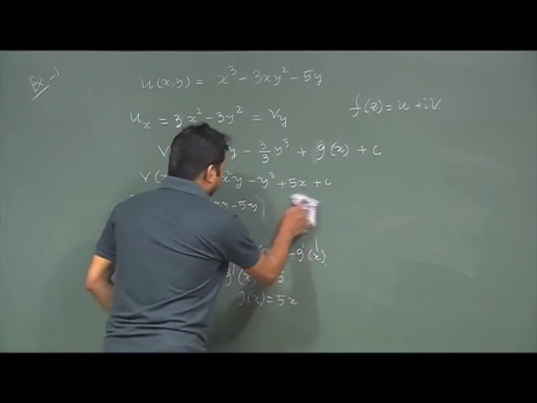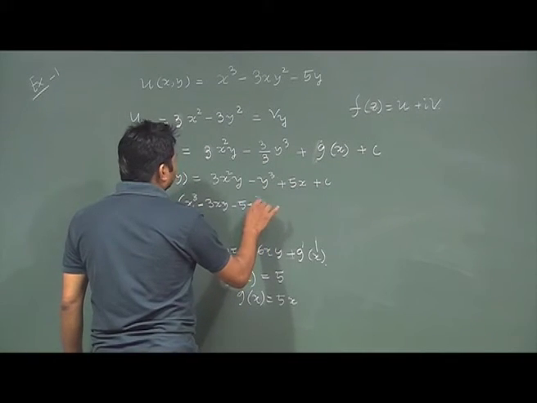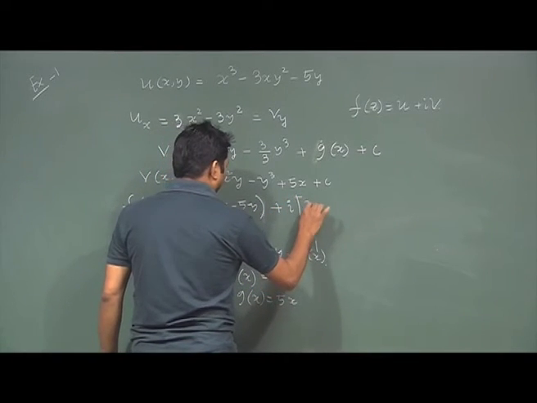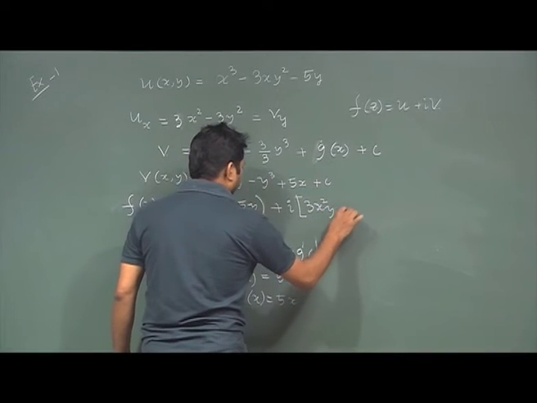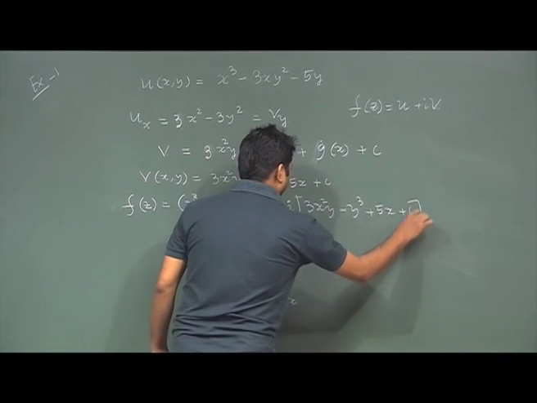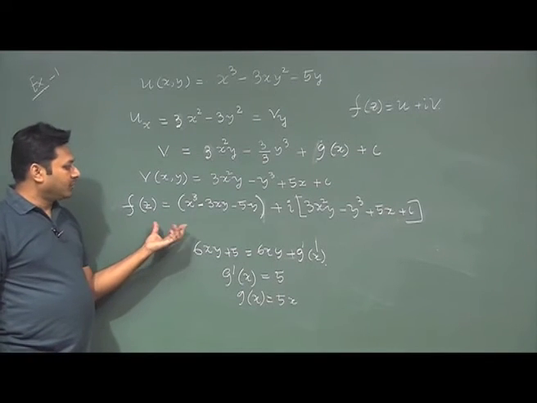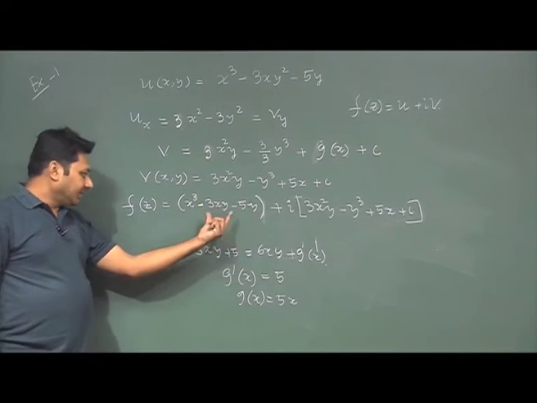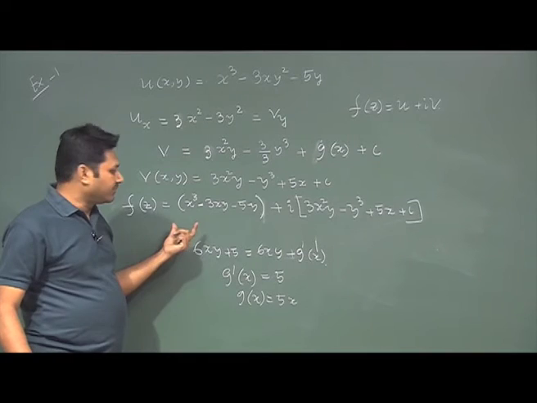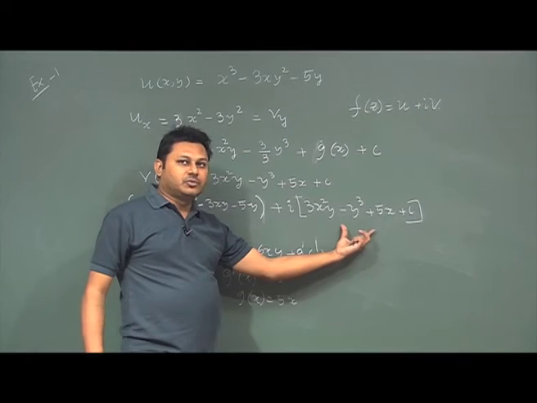So, right now since c is with v, let me write it in this way only, plus i times (3x square y minus y cube plus 5x plus c). So, my f(z), the complete f(z) I figure out, which is u plus iv, and this u is given to me. I was asked to find out what should be the corresponding v, so that the entire function should be analytic, and I figure it out, and it comes to be something like that.